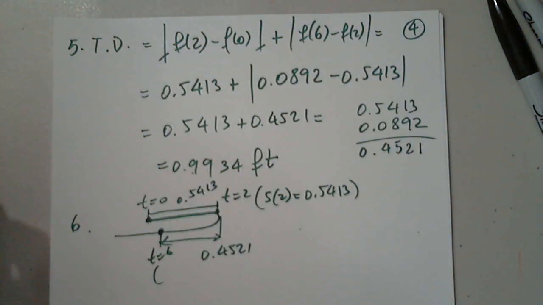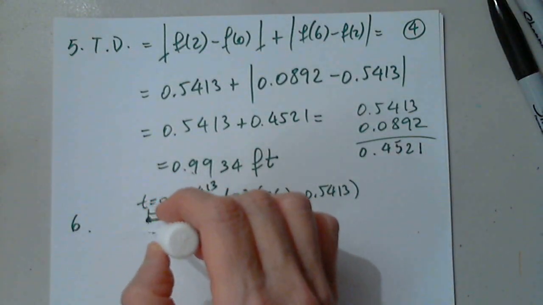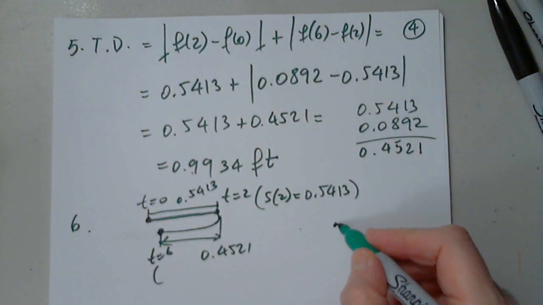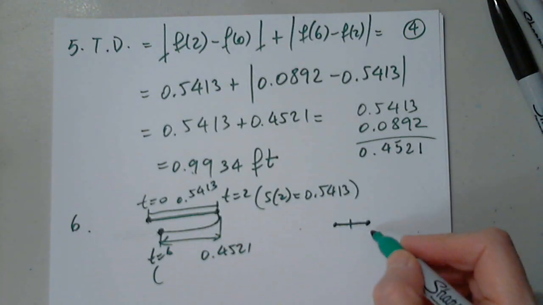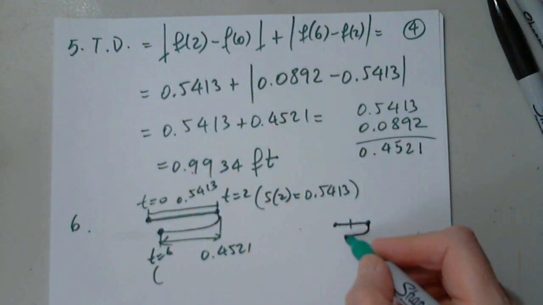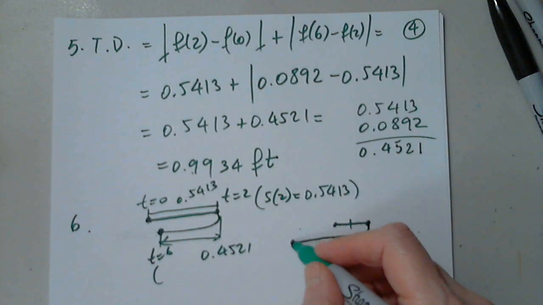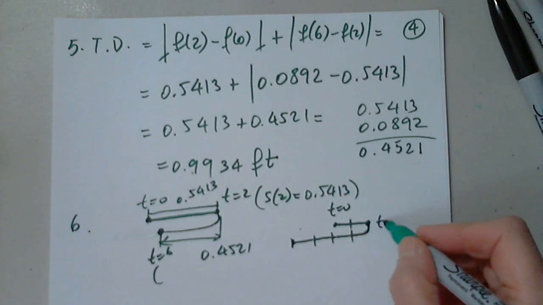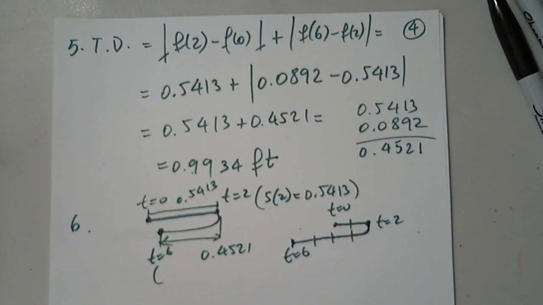And I'm going to wipe that out. Now, if you want to put it in terms of time, you can. Then I would say 2 seconds this way, but 4 this way. So t equals 0, t equals 2, t equals 6. So this is about the distance, and this is about time.